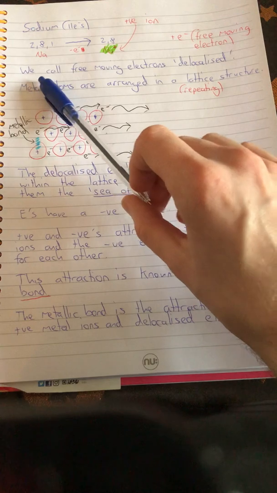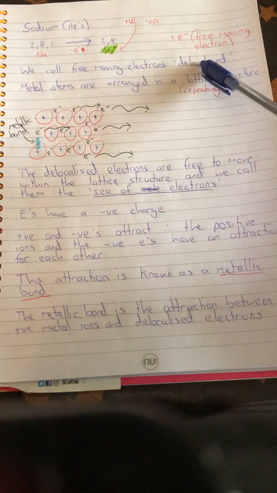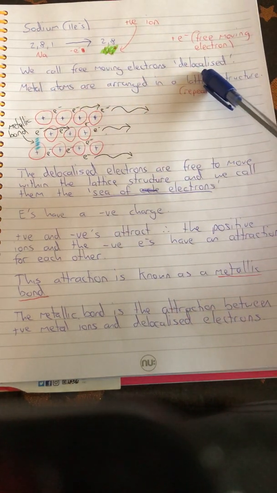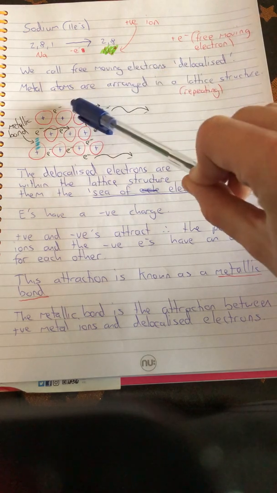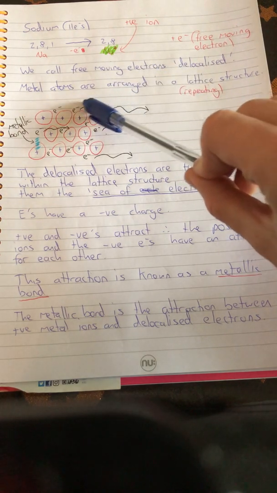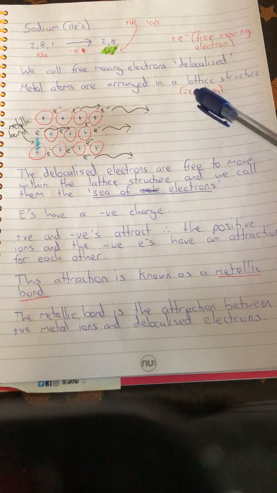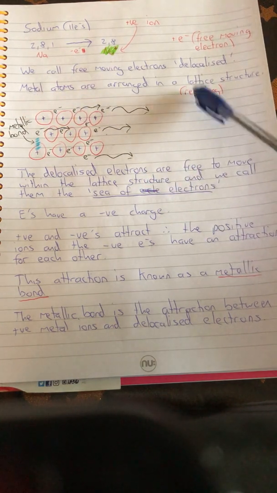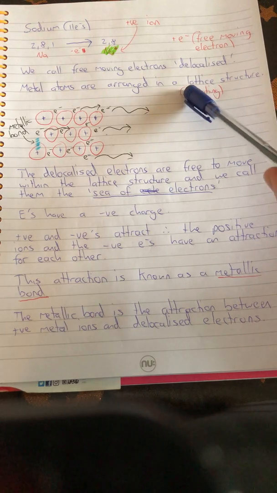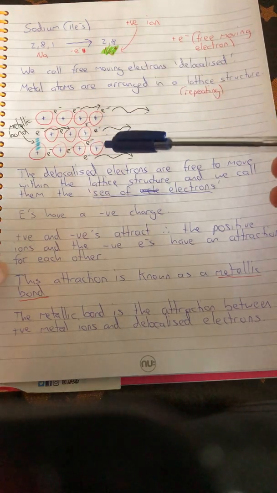And you should also know that free moving electrons are called delocalized electrons. And you need to know the structure of metallic bonding, and it's that lattice structure, okay? But I'll go into more detail about that when we start hitting into properties and stuff like that.